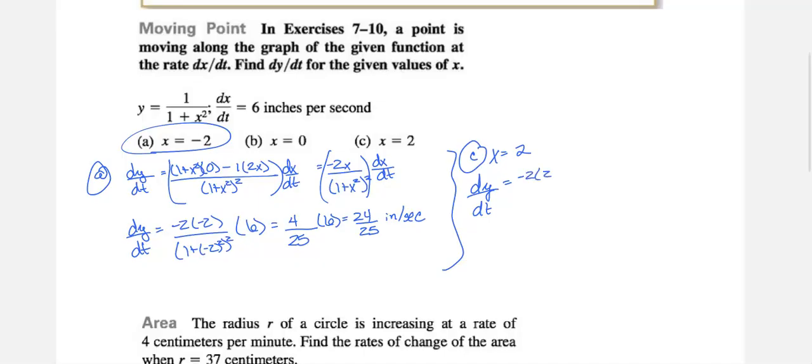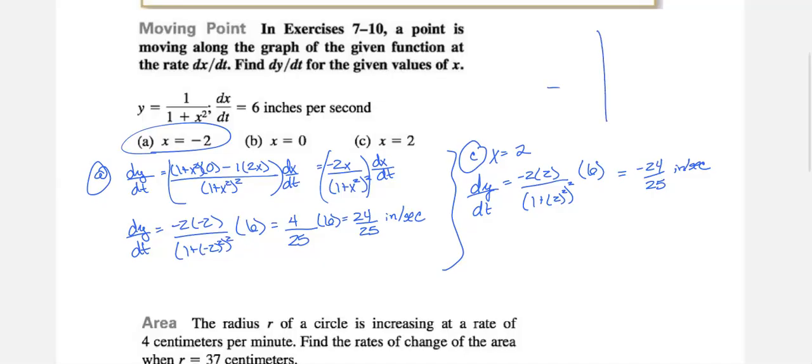So negative 2 times 2 over 1 plus 2 squared, quantity squared, times dx over dt, which is 6. So we're going to have negative 2 times 6 is a negative 24 over 25. And that's inches per second. So at this moment in time, when x is positive 2, my y-coordinate is decreasing at this rate.